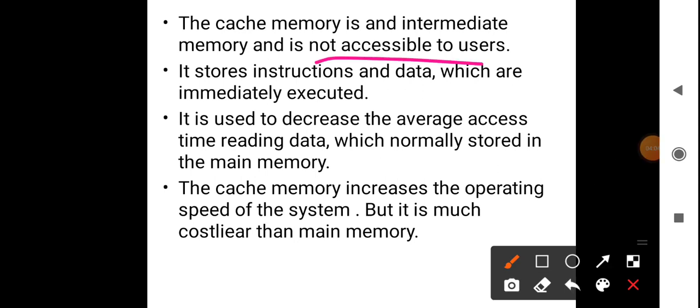All the instructions and data will be stored in the cache memory immediately after execution by the CPU, and it reduces the average access time for reading data and increases the operating speed of the system. But these cache memories are costlier.